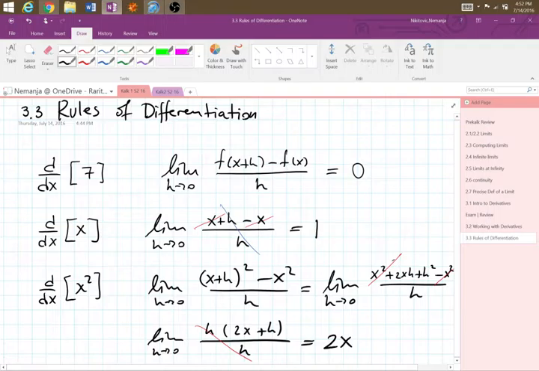We did a whole bunch of these when we did section 3.1, when we were looking for the tangent lines. So that's that procedure.